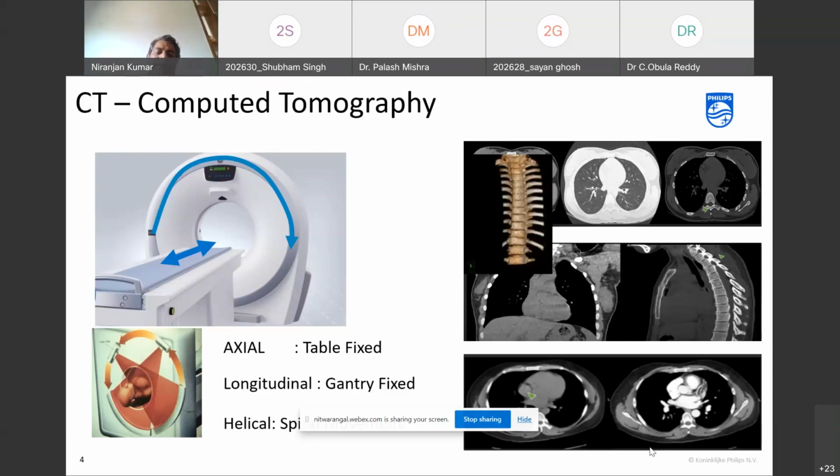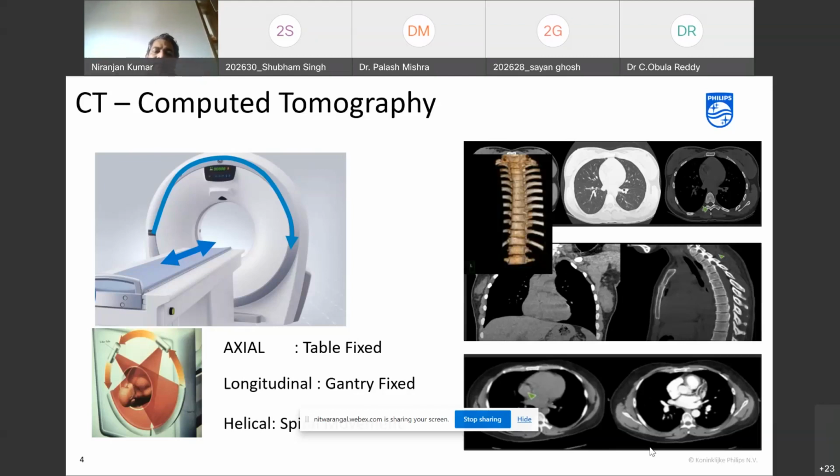If you see the imaging techniques, there are many types, but to understand it, there are three. One is axial, where the table is fixed and the gantry rotates, and you get a picture of one slice.